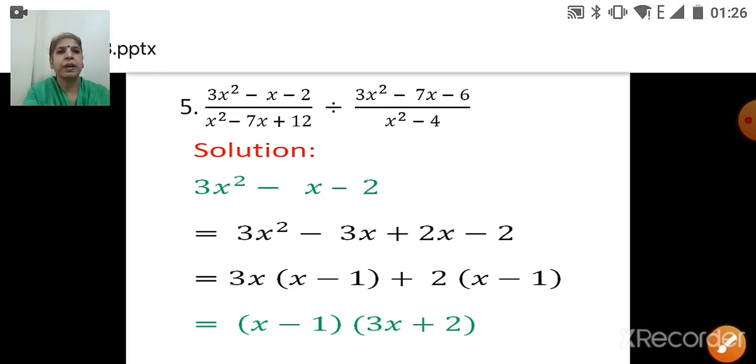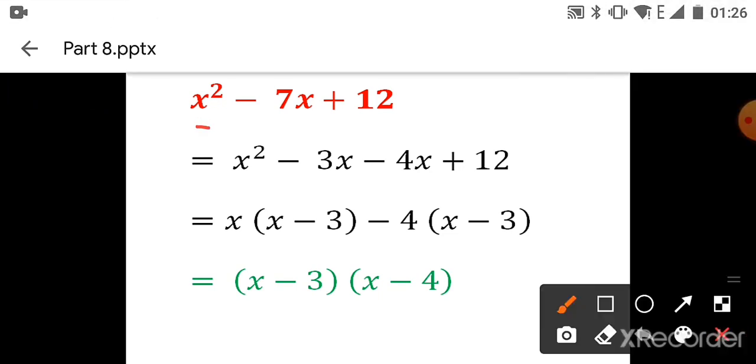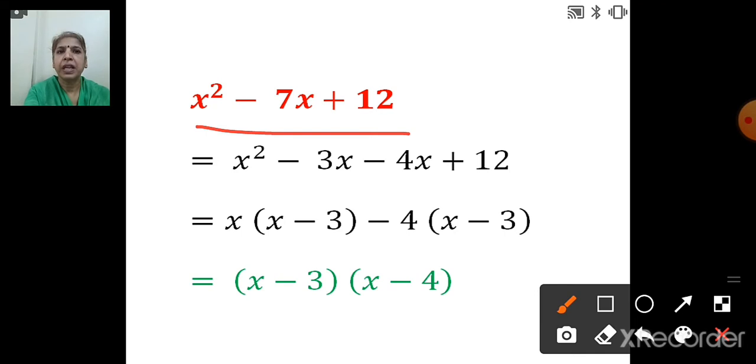Now next one. X square minus 7x plus 12. This is a simple one. Even you will be able to do it directly. But here we will solve it. We will find the factors of 12. It is positive 12. The x square term has coefficient 1 and the middle term is minus 7. So which factors are we going to take?